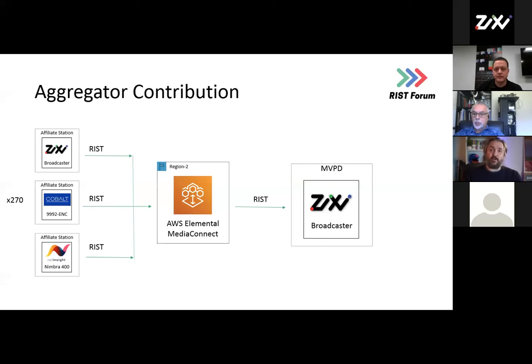Now, the explosion of digital MVPDs is impressive, and so this is now a very complex onward distribution of content to these different aggregators. And so this is not just a many to one model; it's a many to many model now, which is again really interesting. And again, a really great use case for a technology that has the agility and of course reliability of RIST. Okay, next slide.